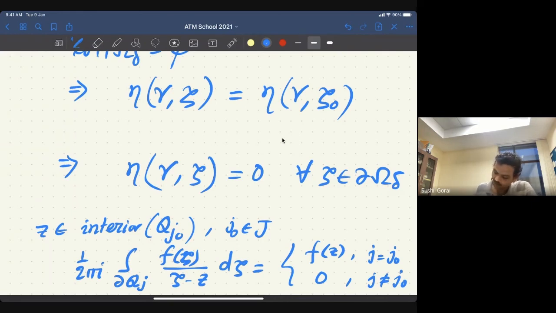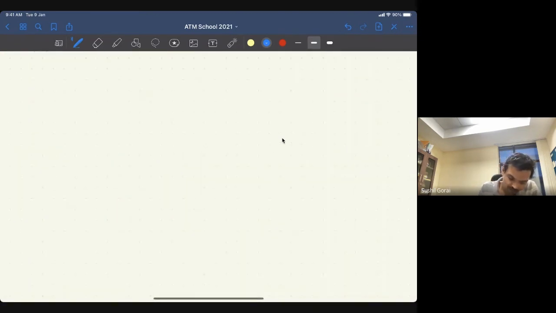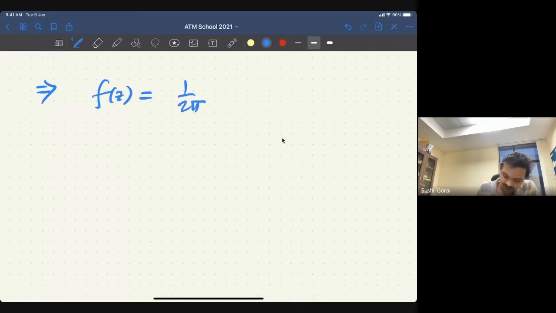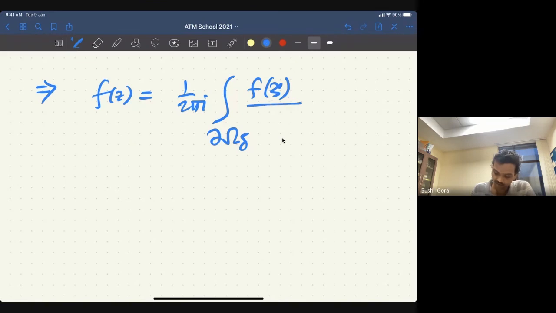Okay, and from here you get that f(z) is equal to 1 over 2 pi i, considering all the rectangles, the union of all the boundaries of the rectangles, and cancelling the sides which are passed twice, so the boundary of omega delta, of f(zeta) by (zeta minus z) d zeta, for all z in omega delta.